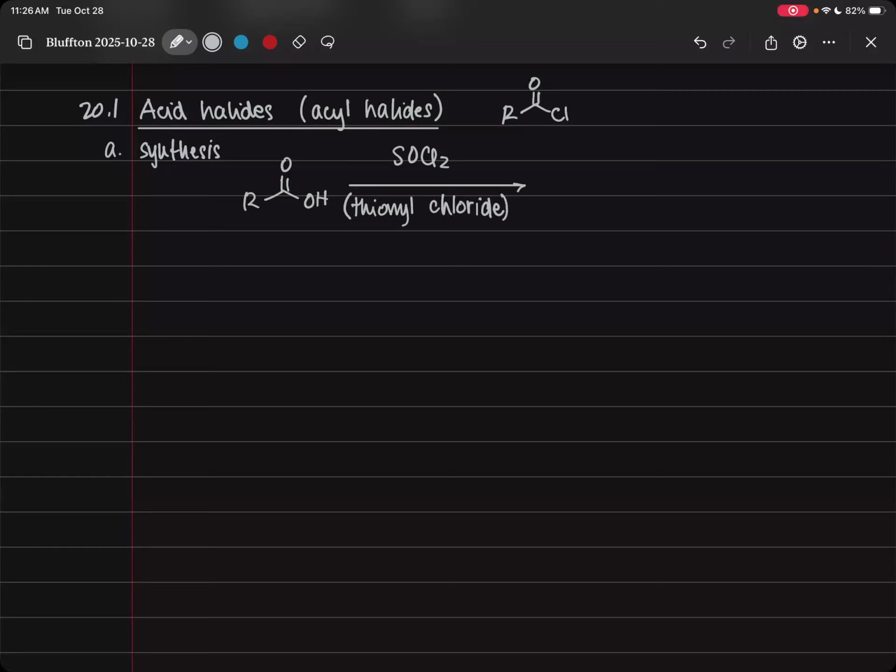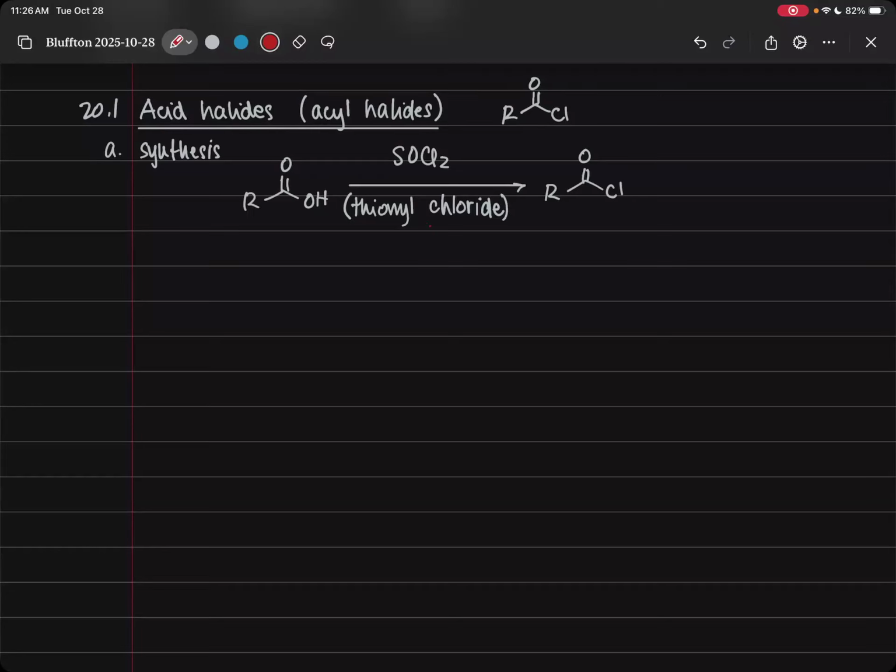I previously said that we need to make a less reactive compound from a more reactive compound. So I'm saying, okay, we can use this reagent to go from carboxylic acid to the acid chloride. But that means we're going in the opposite direction because the chloride is more reactive. That's because thionyl chloride is an even more reactive compound than the acid chloride that we're trying to make.